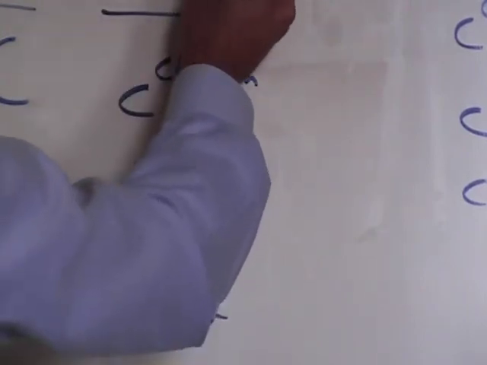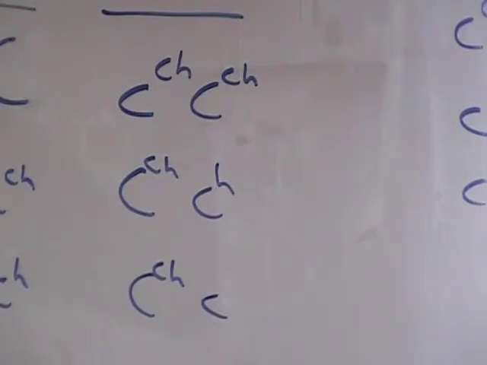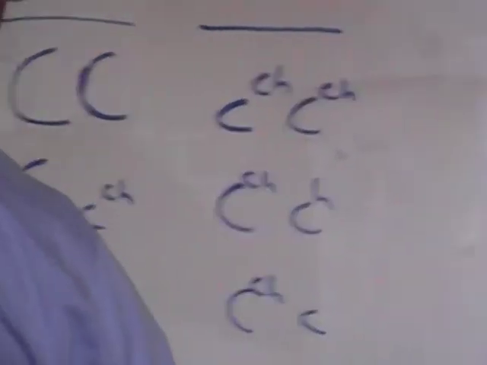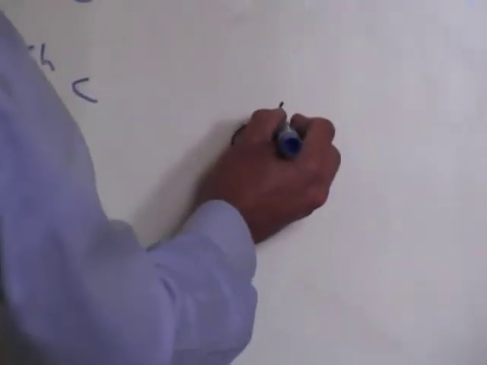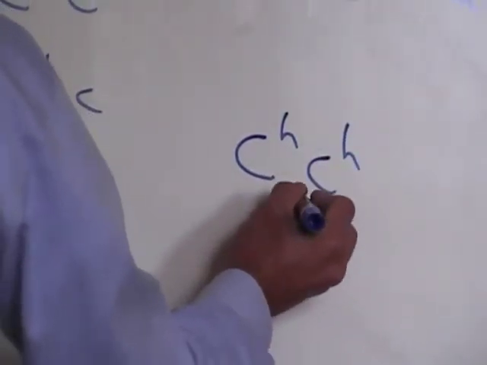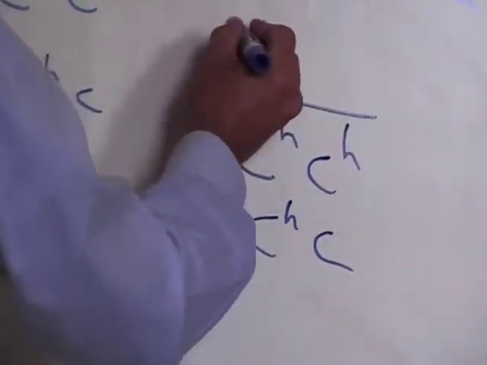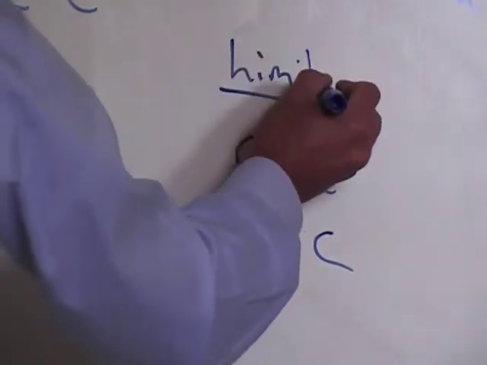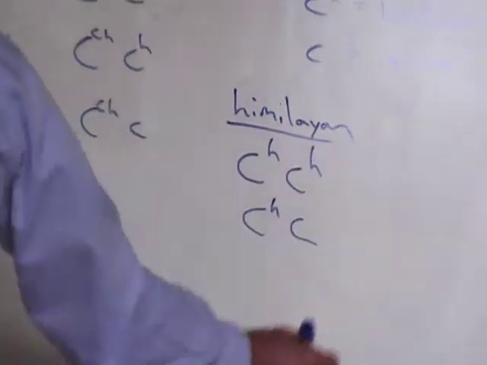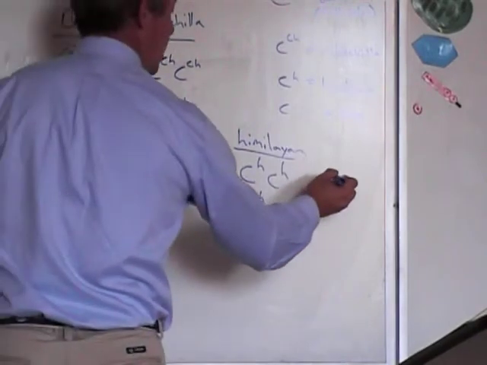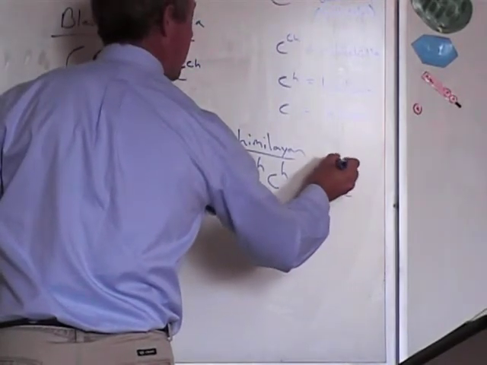And this, C^hC^h and C^hc, that's Himalayan. You can see it's got dark nose and feet. And then little c is albino.